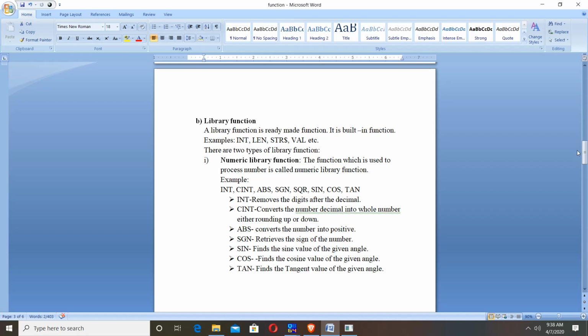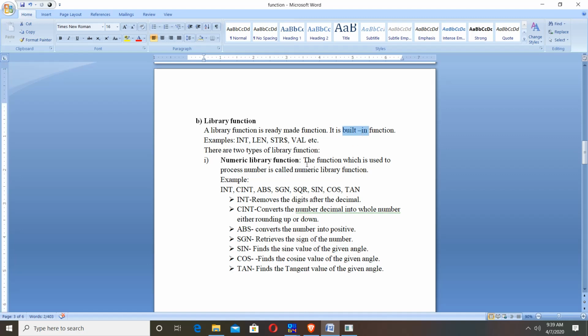Library functions are already defined by QBASIC, so we don't have to define them further. The keywords that we write are already defined by QBASIC. So a library function can also be called a ready-made function, or a built-in function of QBASIC.